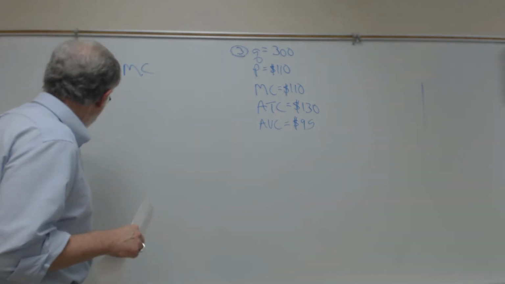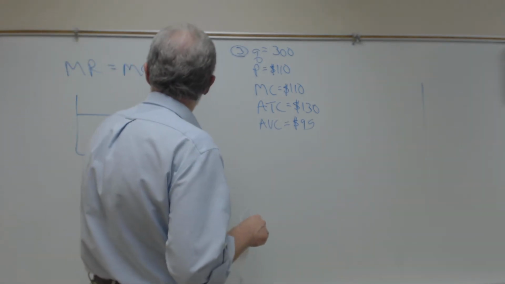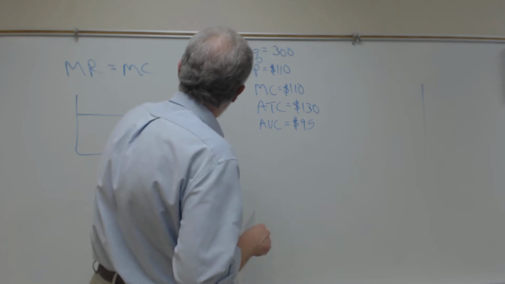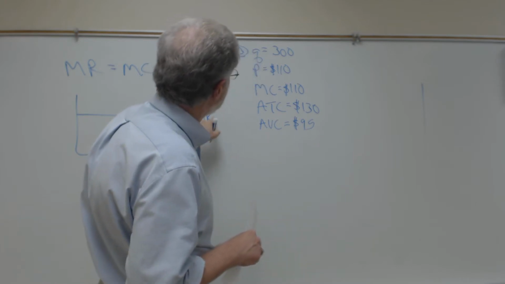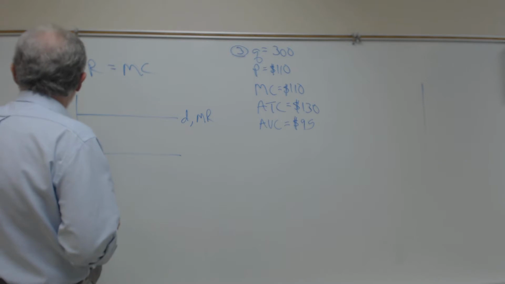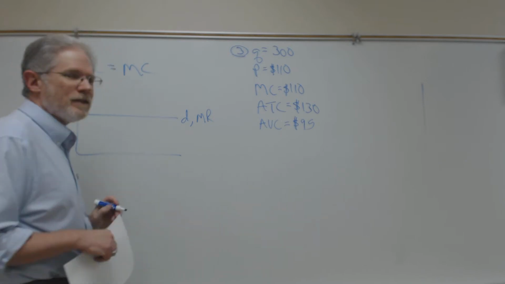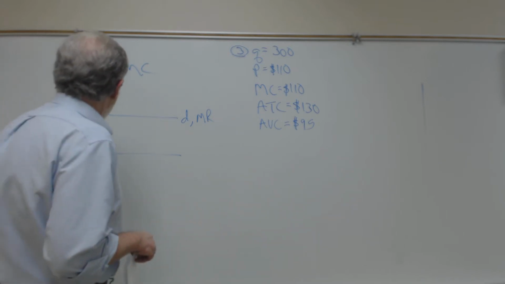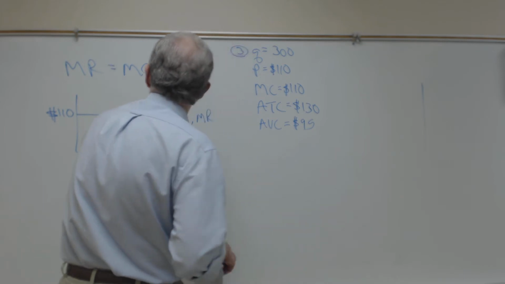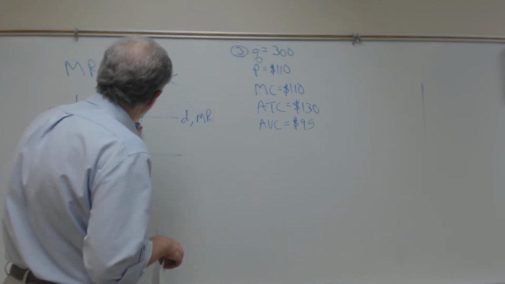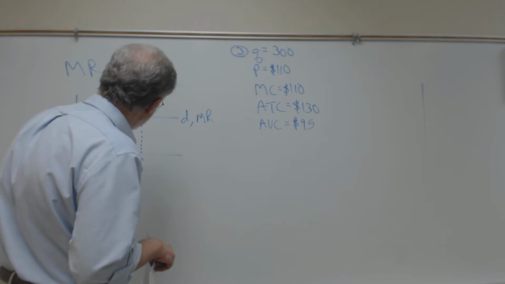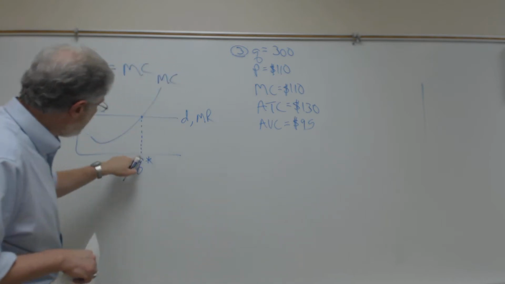That's where MR equals MC. It faces a horizontal demand curve and a horizontal marginal revenue curve at 110, because that's the market price. To get maximum profit, it needs to produce where MR and MC are equal, which is right here.